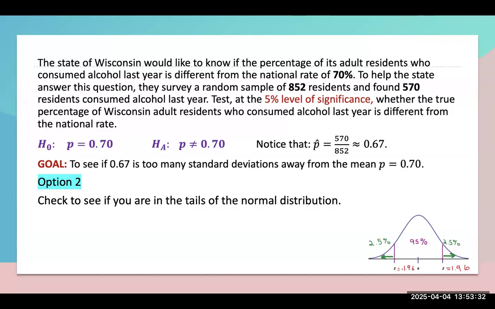If it's bigger than 1.96, or smaller than negative 1.96, that means I'm in the tails, which means I'm going to reject. But if the z-score is somewhere between negative 1.96 and 1.96, I'm not in the tails, I'm in the confidence interval, and I fail to reject.